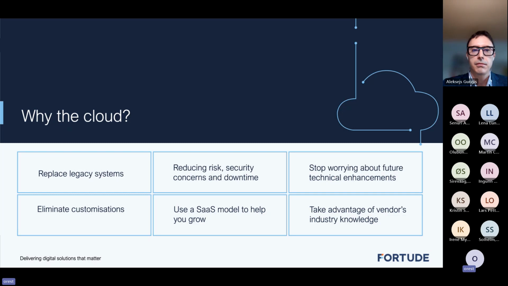By moving to the cloud, organizations can replace most legacy customizations that are out there because we provide things like deep industry functionality to help in those particular areas, but also provide reduced risk via world-class security and uptime in the system as you're going across the globe, and benefit from any continuous technology advancements that are happening, things like artificial intelligence, etc.